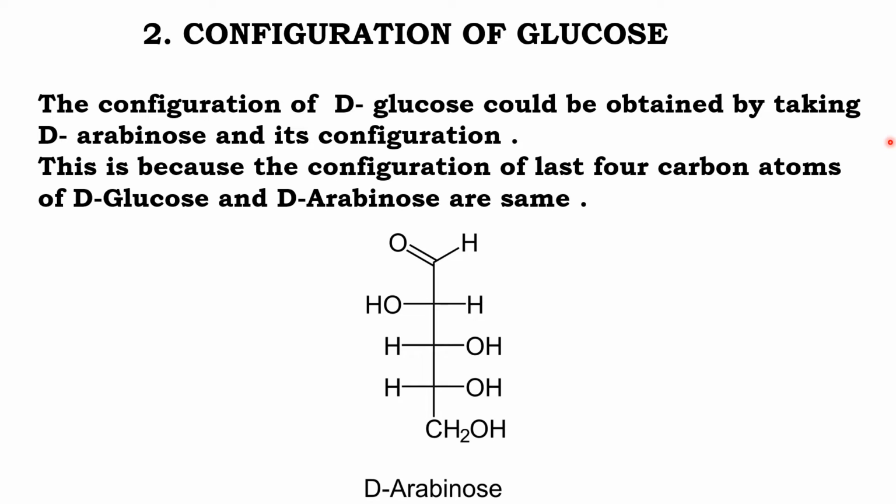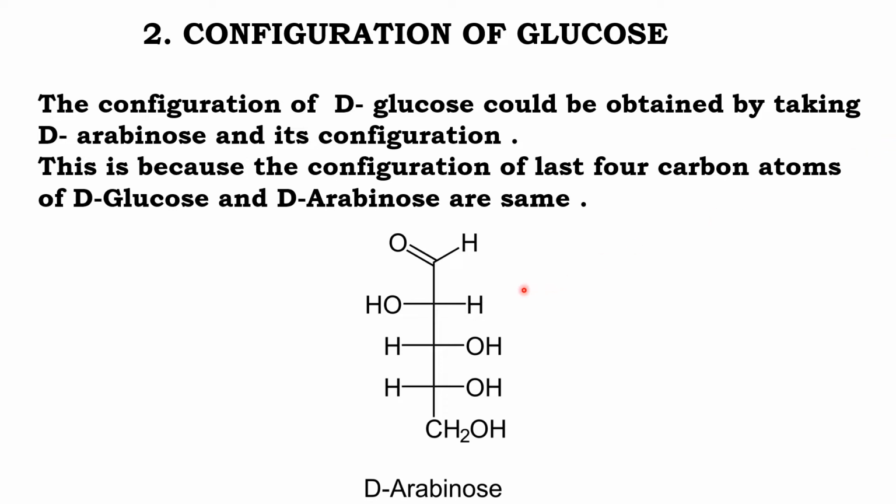Configuration of glucose. To find out the configuration of glucose, we have to take D-arabinose as the standard, because for D-glucose and D-arabinose there is some similarity in configuration.